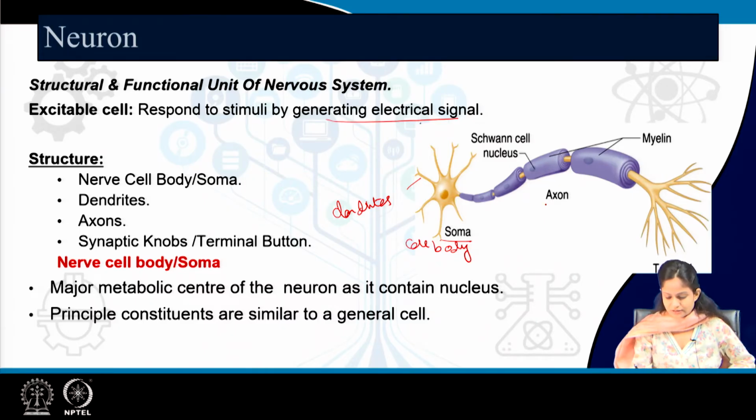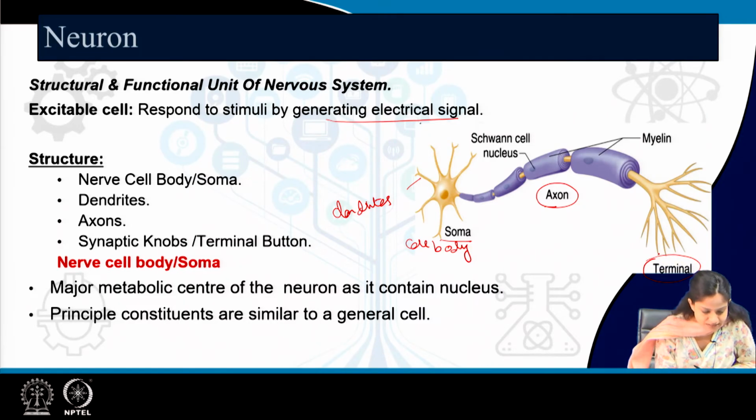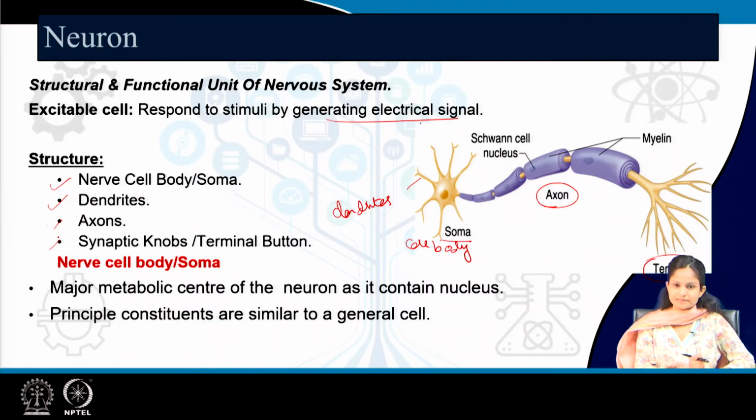This is the axon, which is again layered by the myelin sheath, and this myelin sheath is formed by the Schwann cell nucleus. That means the neuron I am talking about is in the peripheral nervous system. This axon later on terminates into synaptic knobs or terminal buttons. So, nerve cell body or soma, dendrites, axons and synaptic knobs or terminal buttons.